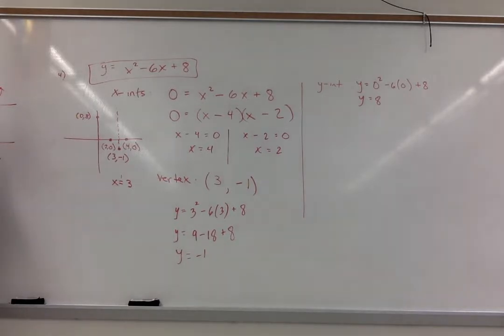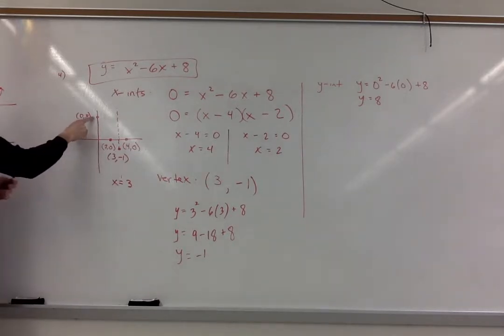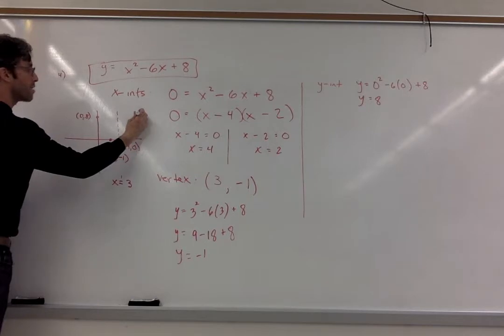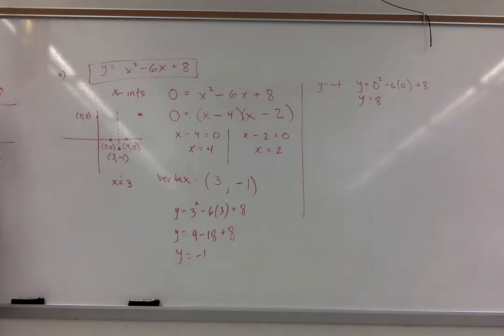And the last thing is the symmetric point. The symmetric point is the point that's symmetric to the y-intercept. This point in particular, you want to find on the other side of the line of symmetry. So somewhere out here is that symmetric point, right over there. You can do this by counting.